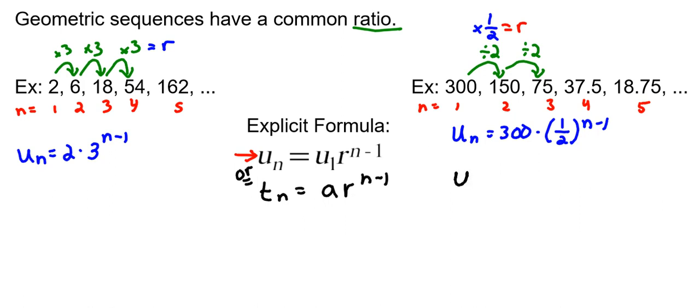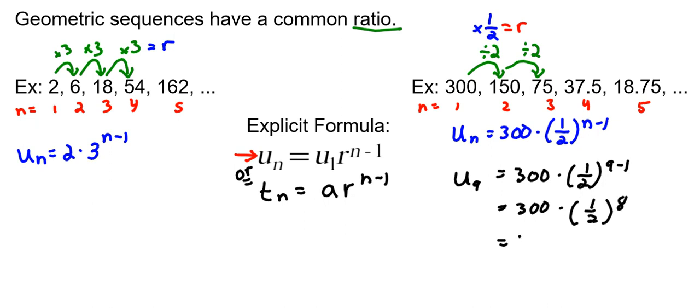So I could say U9 is equal to 300 times 1/2 to the 9 minus 1, which is 300 times 1/2 to the power of 8. This would be the same as 300 times, and this 1/2 to the power of 8, well, 1 to the 8 is just 1, and 2 to the 8 is 256.